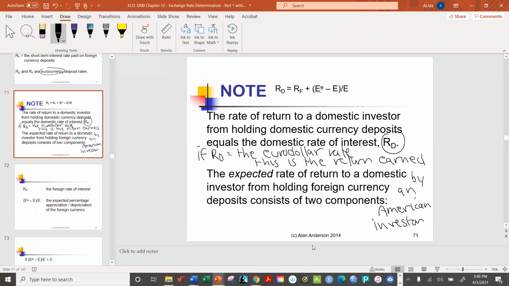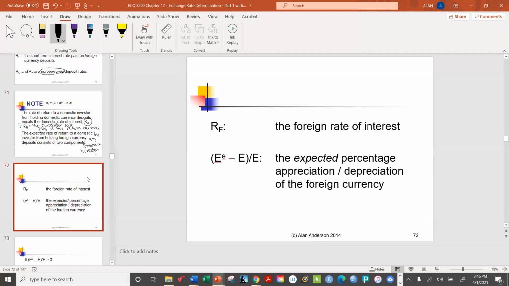Now, if the American investor is thinking about investing in the foreign currency, there will be two components to the rate of return. First, the actual foreign rate of interest. But then this is the part that you don't see in the domestic investment.